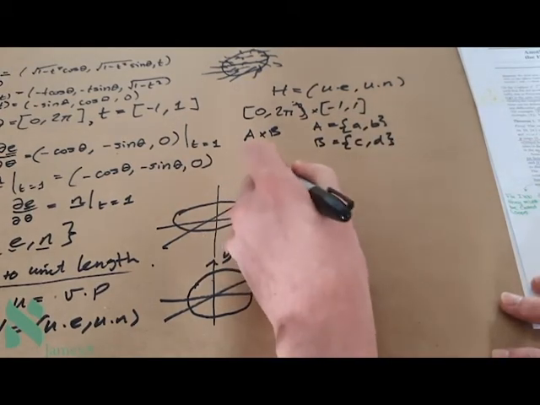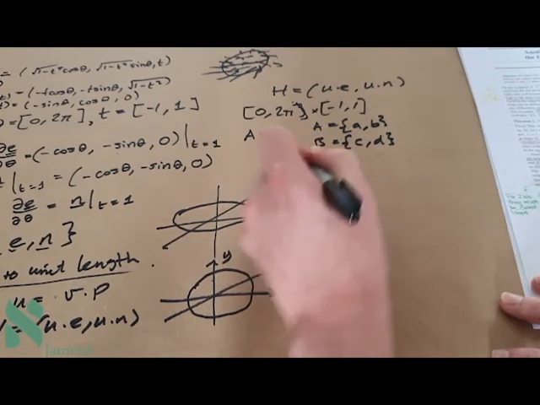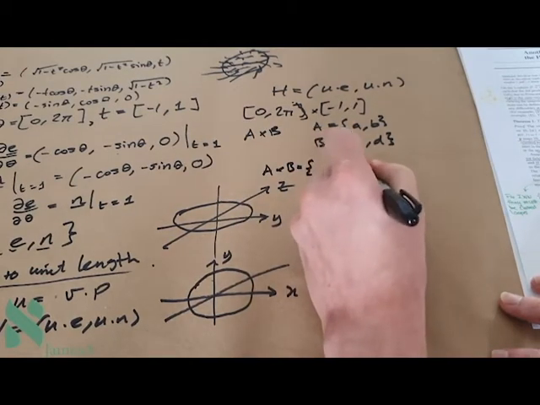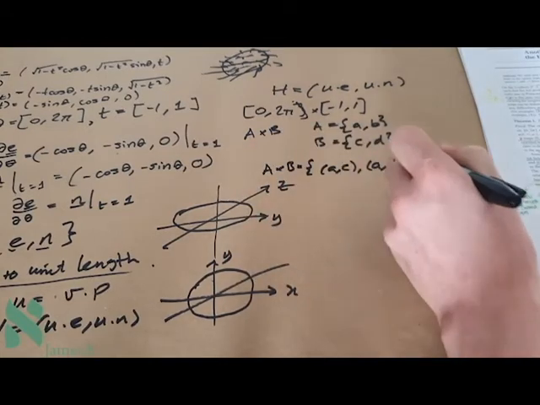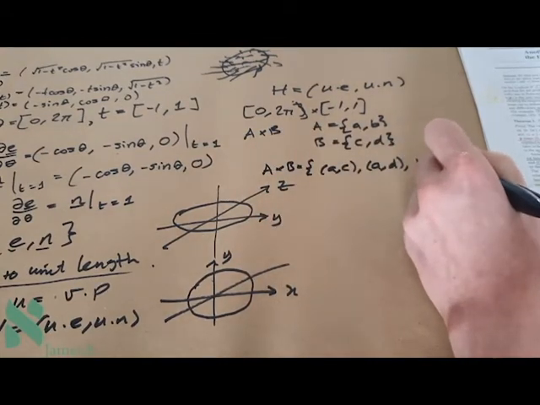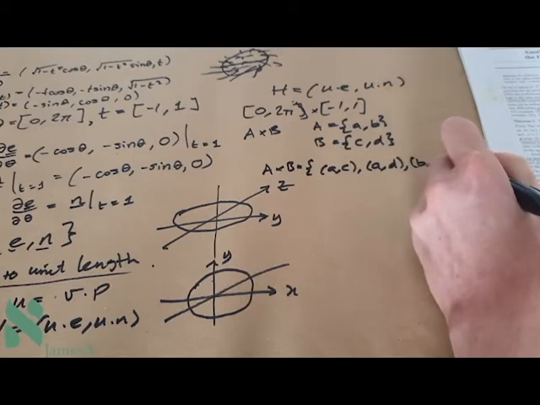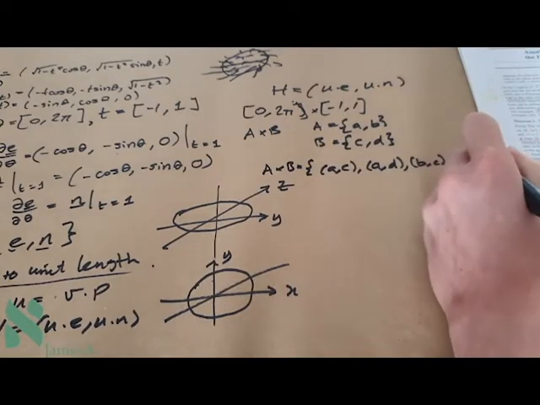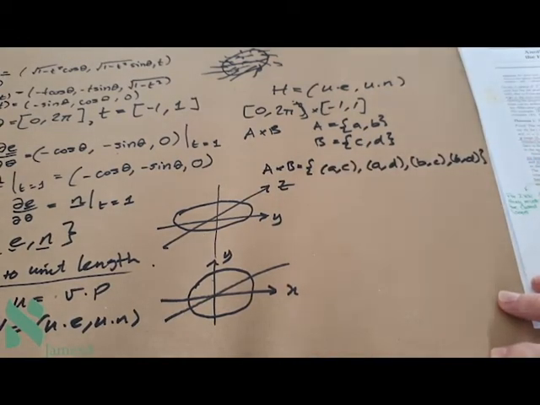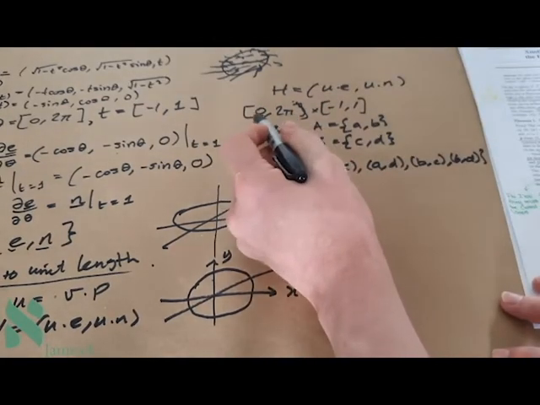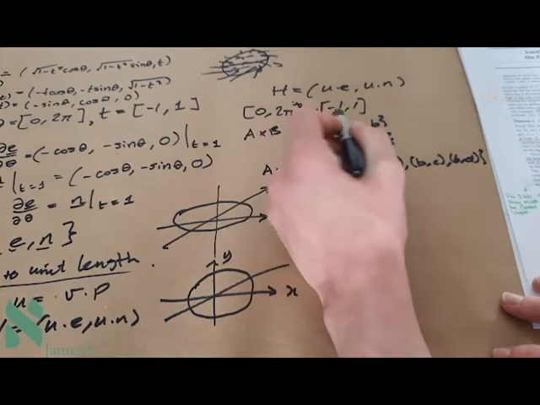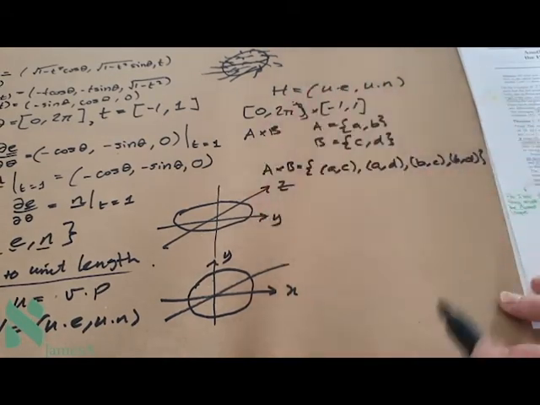So A cross B would be ac, ad, then bc, bd, just iterate through with different bits. So you do that between 0 and 2 pi, where 0 and 2 pi are included, and -1 and 1 are included.